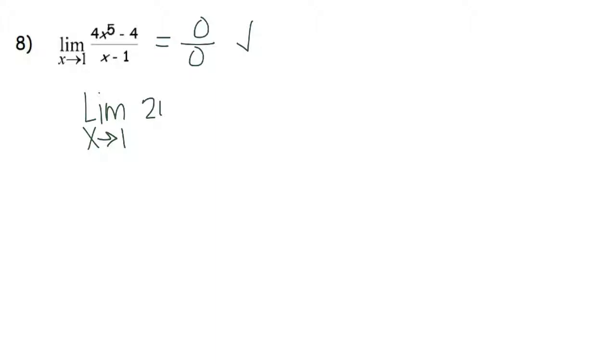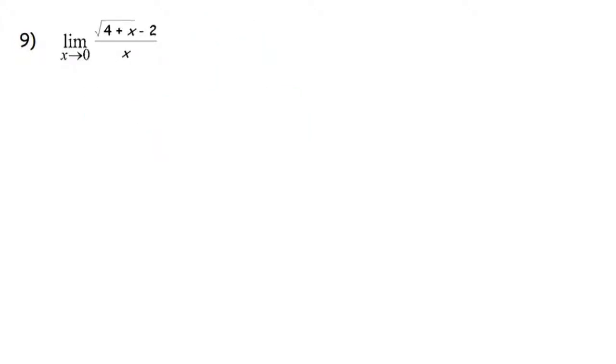So that's going to be 20x to the 4th over, and let's see, minus 4, that's going to be 0 over 1. And if I go ahead and evaluate this limit, notice we get 20. And ta-da, if we did a t-chart, it would come out to be the same exact thing. How awesome is that?